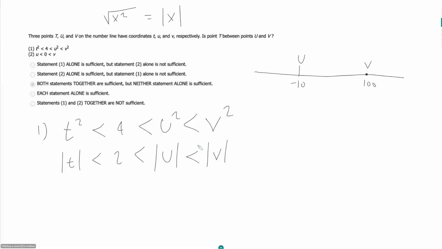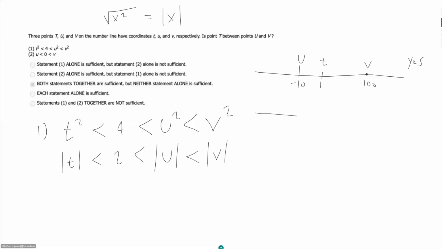So that works because those are both more than 2 away from 0. And then t is just got to be less than 2 from 0. So let's say t is equal to 1. And now we have an example where t is between u and v. So we have a yes to our question.